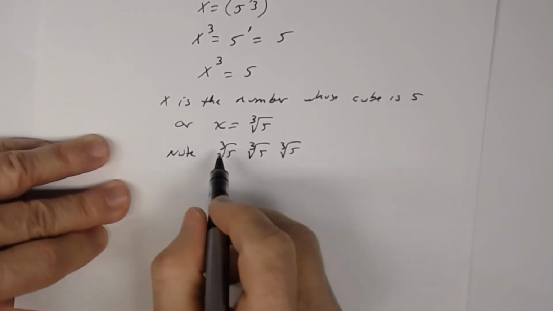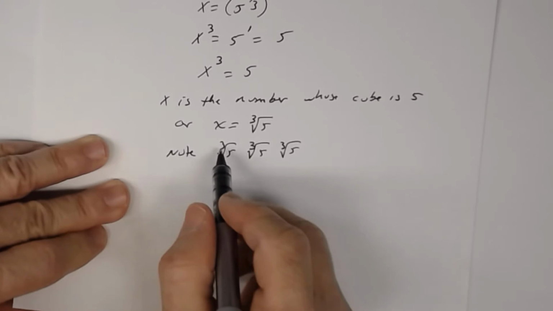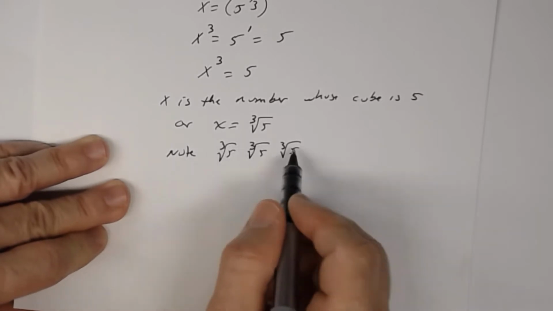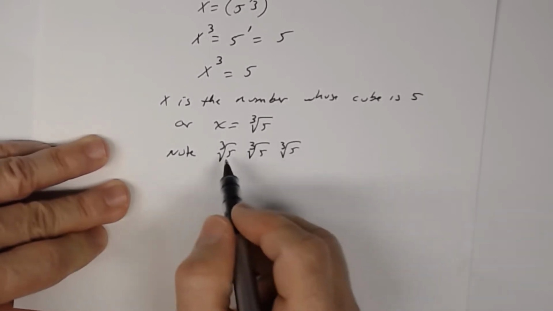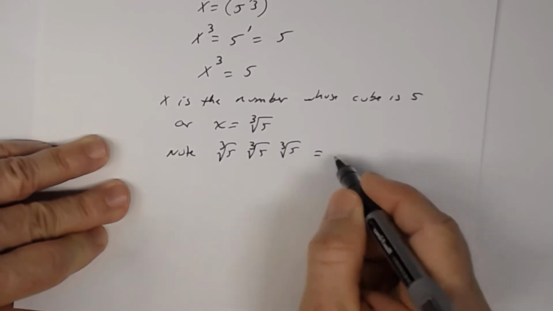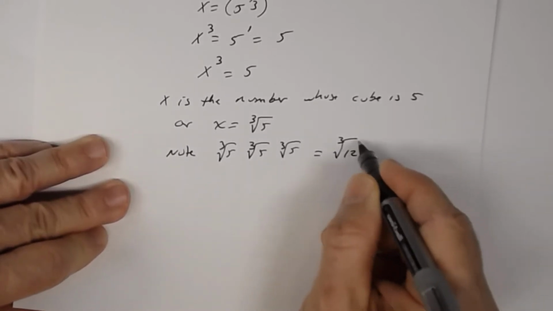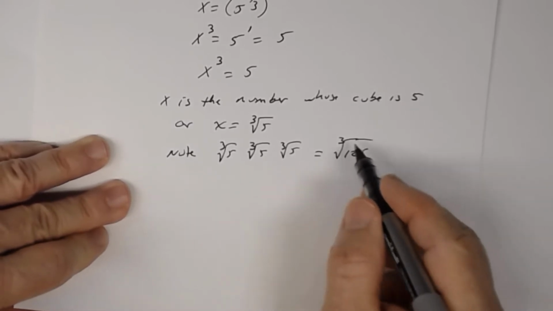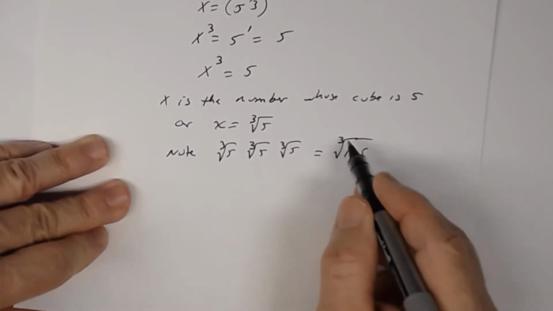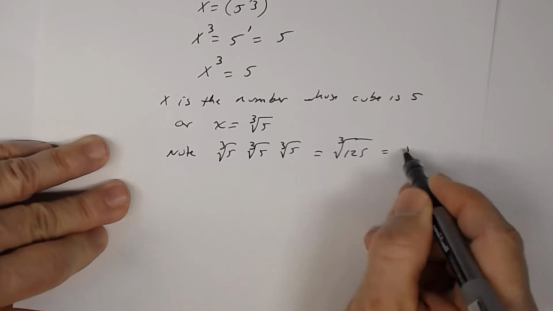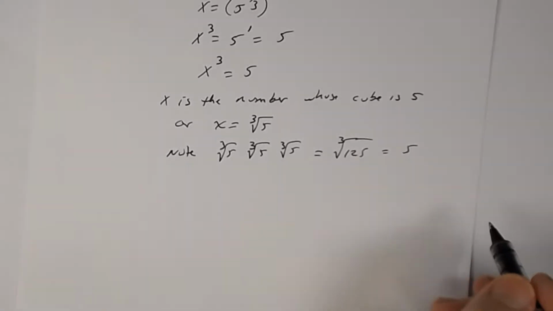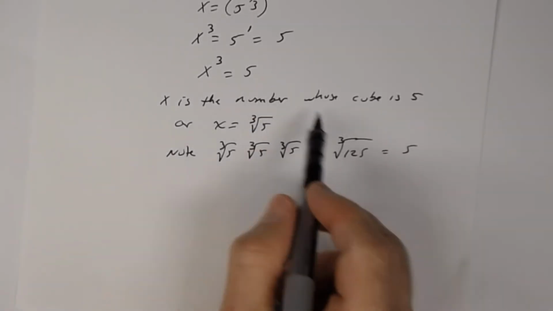And remember, in one of our lessons we learned that if the indices are the same, then you can write this as one radical. So that becomes the cube root of 5 times 5 times 5 is 125. And what times itself 3 times is 125, and the answer is 5. Okay, so notice that's the same.